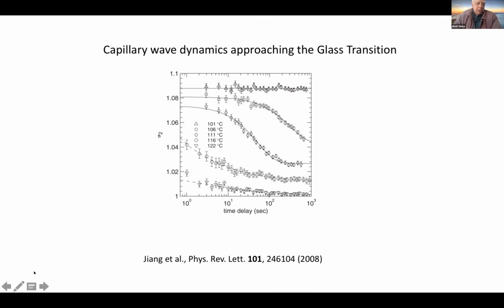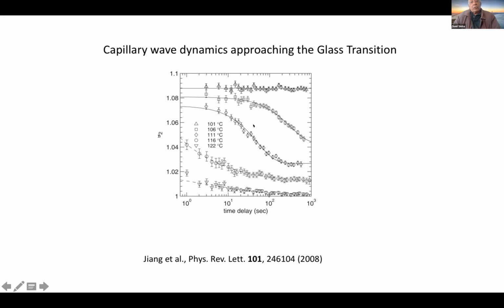Then we studied what happens when the polystyrene film approaches the glass transition. That was kind of interesting, and I'll just go through it very quickly. As you start off at high temperatures, it behaves like a normal relaxation, a simple exponential relaxation given by simple viscous theory.